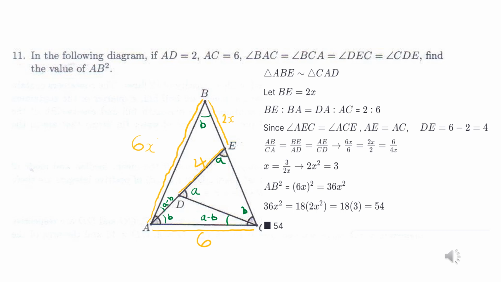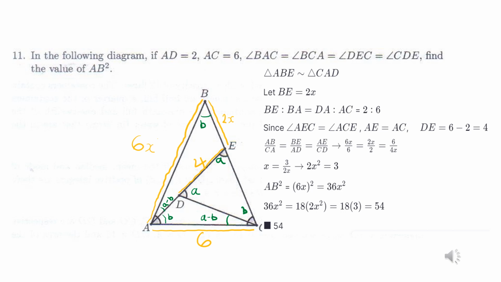Now, using the same triangle proportionality that I stated earlier, we find that 6x over 6 is equal to 2x over 2, which is 6 over 4x. We can find this when we match corresponding sides to the corresponding sides for their lengths in the triangles ABE and CAD. Then we can pick out that x is equal to 3 over 2x.